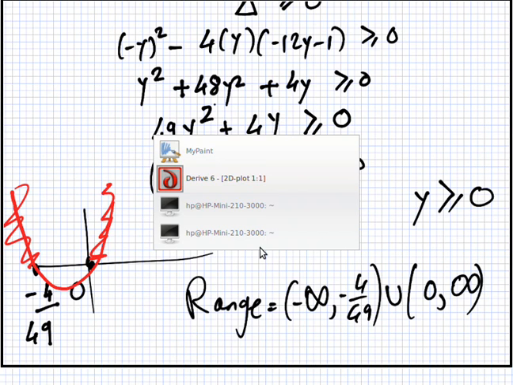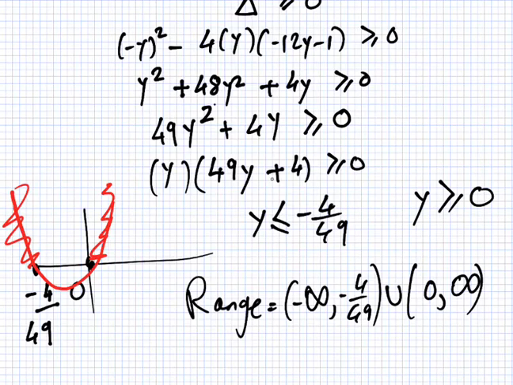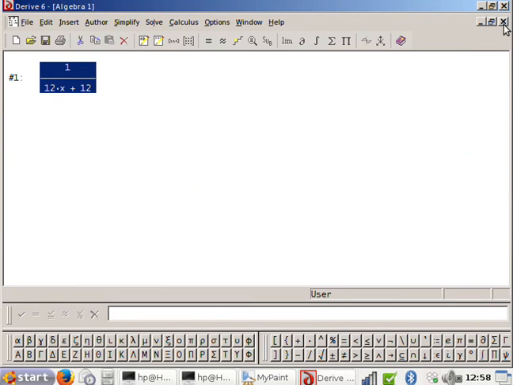So let me check the answer here on the program. The way I check the answer is I'll get the computer program to draw the graph, and we'll just make sure it looks the same as the answer here. So can you just give me, please, the original? It was 1 over x squared minus x minus 12.